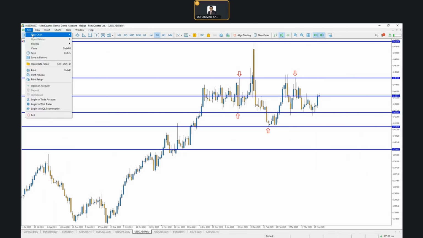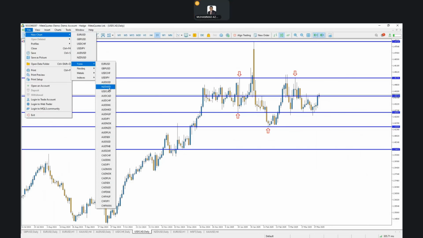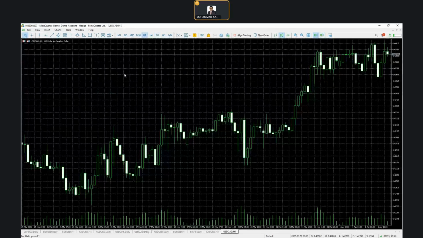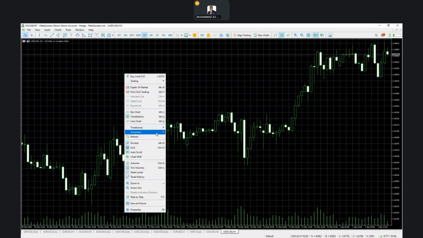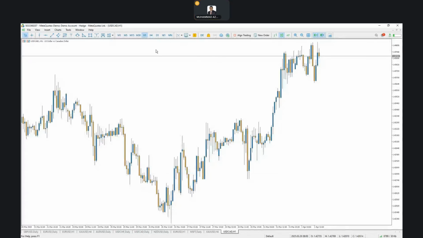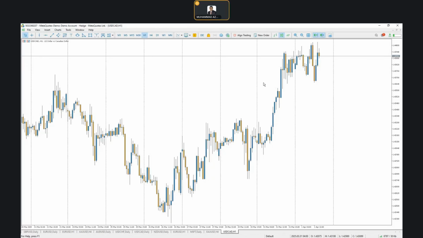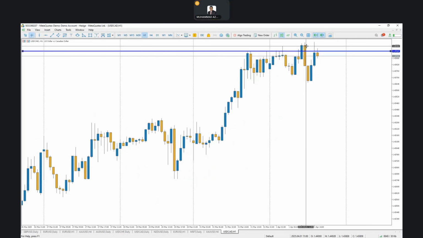If you take a look at a 1 hour time frame of USD CAD, let me change the template. Okay, so right now this is yesterday's high, and we got a breakout above yesterday's high.